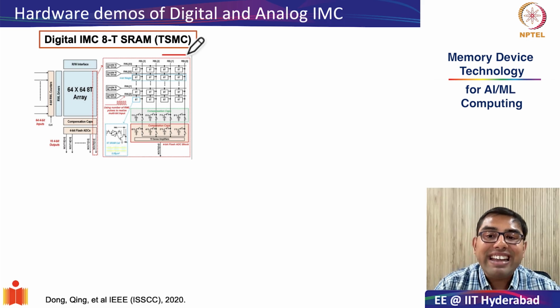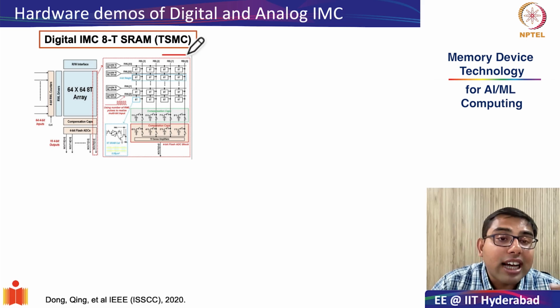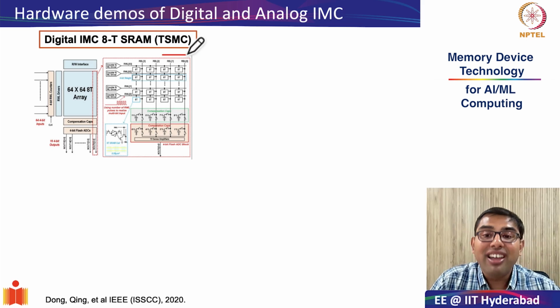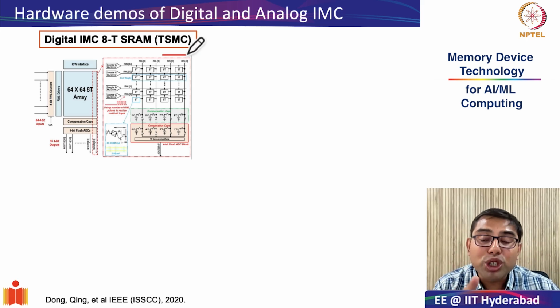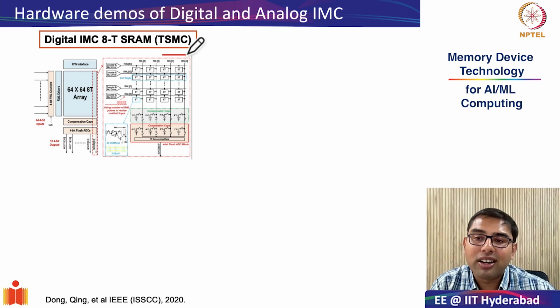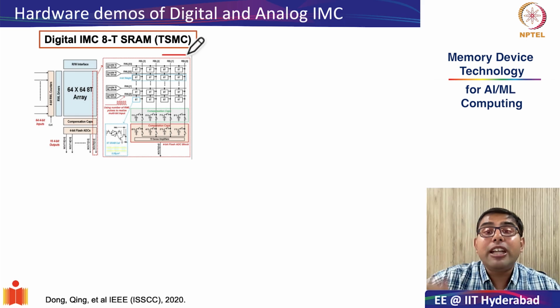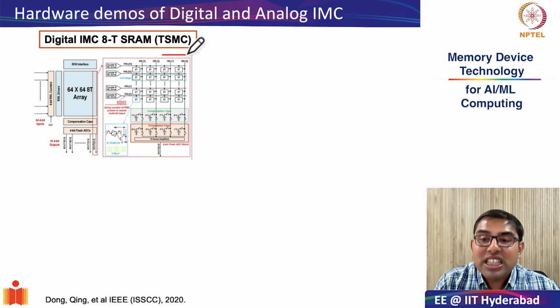The choice of 8T SRAM cells over the conventional 6T SRAM cell. Remember why 8T was preferred? Because of larger noise margins. And these noise margins are very important to allow for multiple word line activation so that there is no read disturb which flips the bits in the cell.